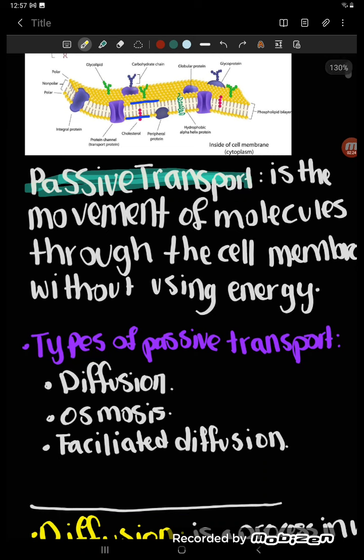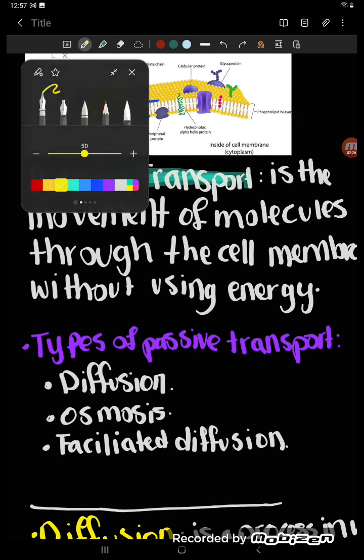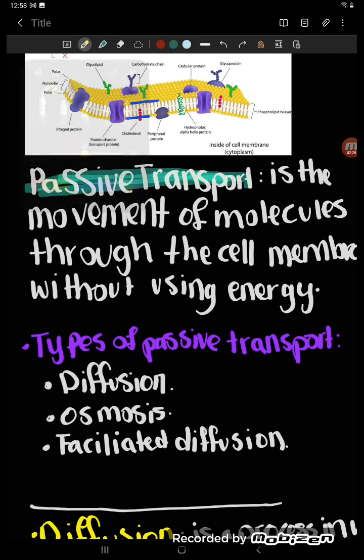So what's the main point? Because we also have active transport. The difference between active and passive is that passive does not require energy, while active does. When you're being active, let's say you're exercising, that requires energy.